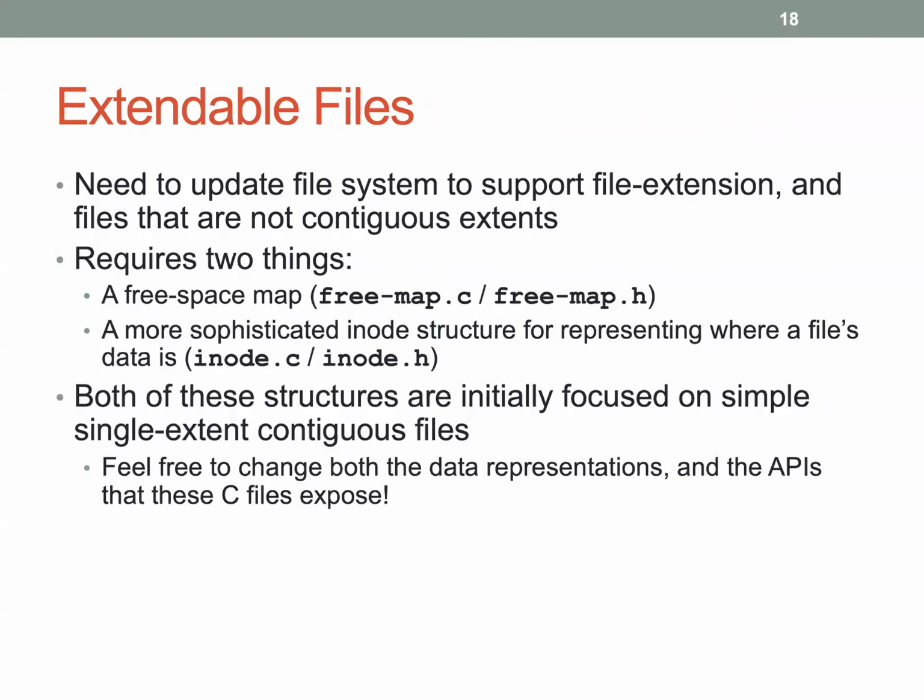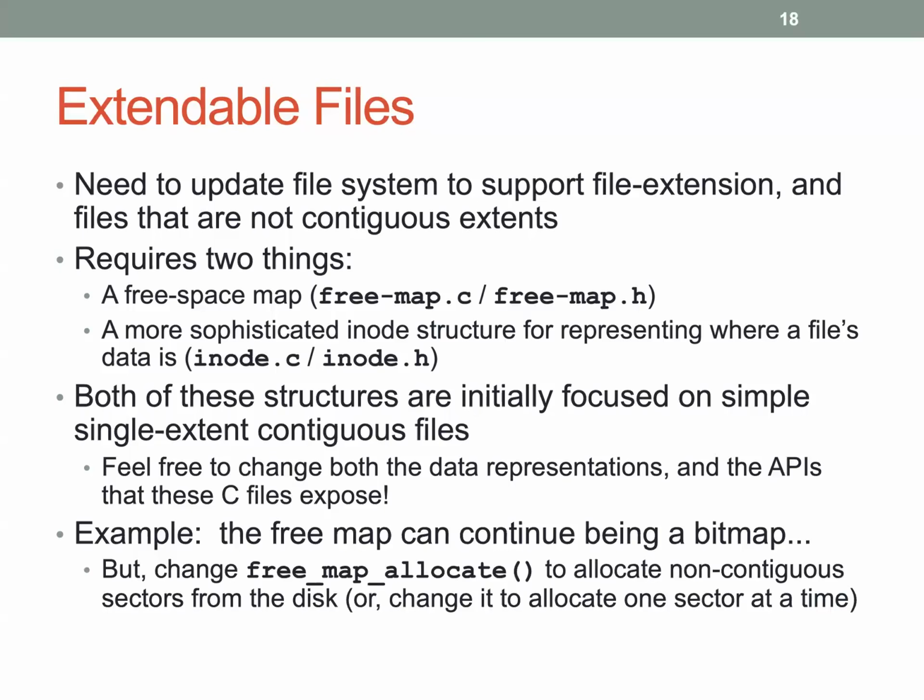So the thing that I want to tell you is don't be afraid to change inode disk and inode, these two data structures, based on your needs for this project. A lot of students initially get kind of scared because they're like, the file system works and I know I'm going to break it if I change things. And the answer is yes. Feel free to just dive in and start changing things as you see fit.